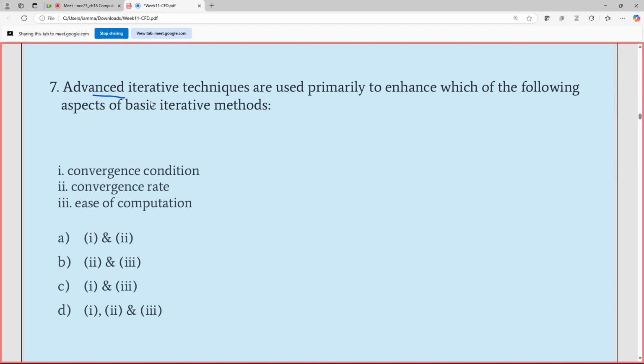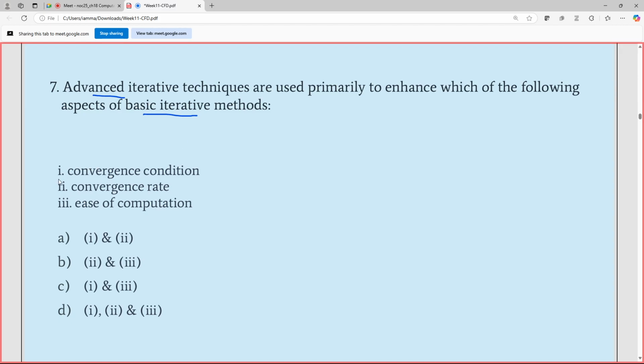So the question is asking what is the need, or what the advanced iterative techniques are improving in the basic iterative methods. The advanced iterative methods will be some modifications of basic iterative methods. So which among the following will be enhanced by using advanced iterative techniques?